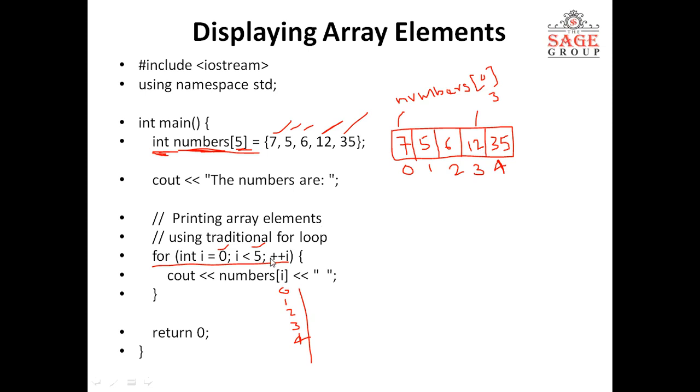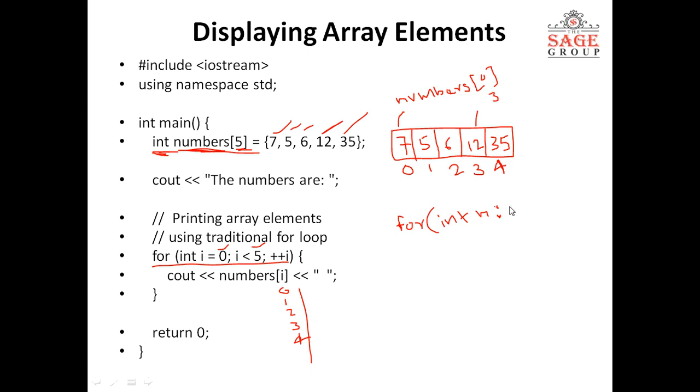So this is a traditional one. You can also use a ranged for loop. For a ranged for loop, you will have to write like this: for int, then any variable in which you want to store the value, and a colon. Remember this, a single colon.